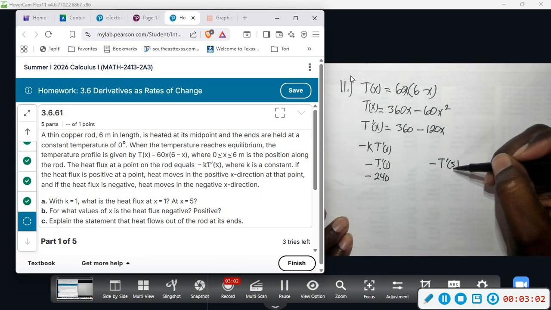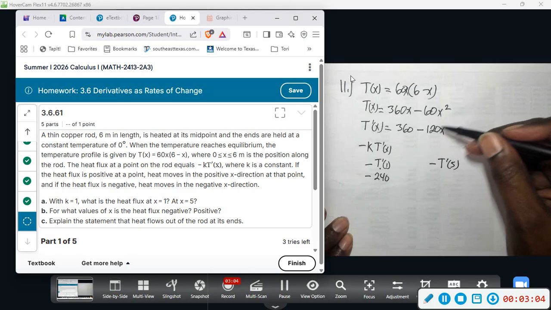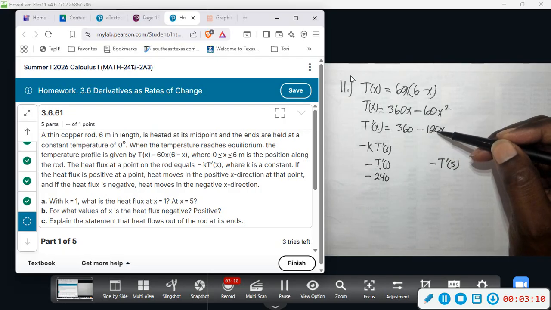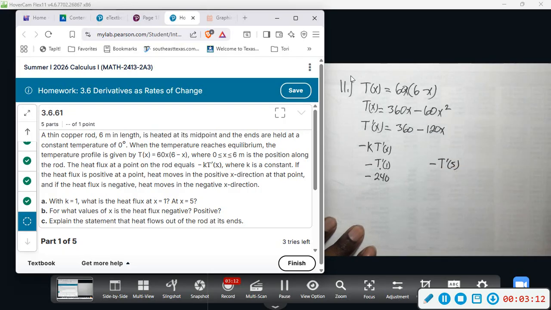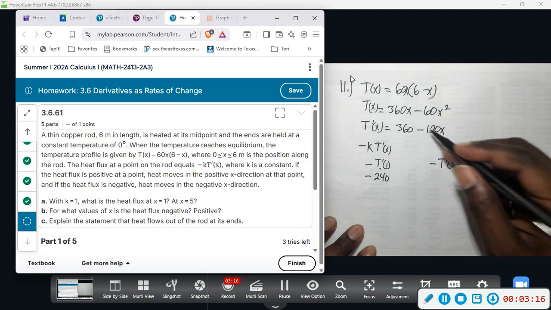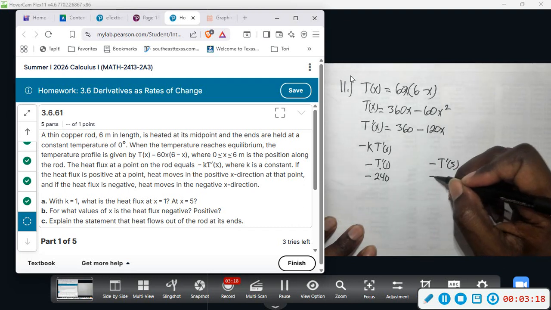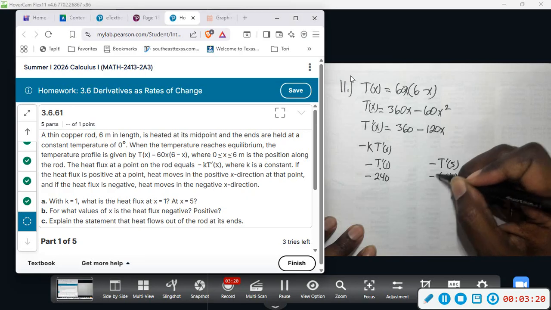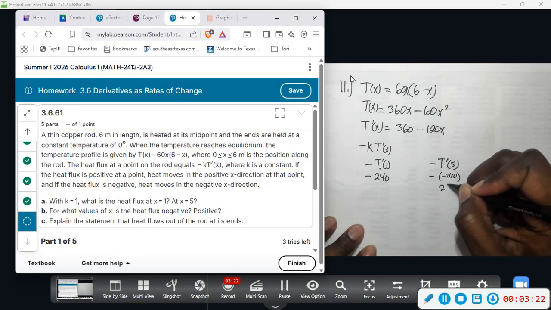When we plug in 5, 5 times 120 gives us 600, and 360 minus 600 is negative 240. Negative times a negative will give us a positive 240.